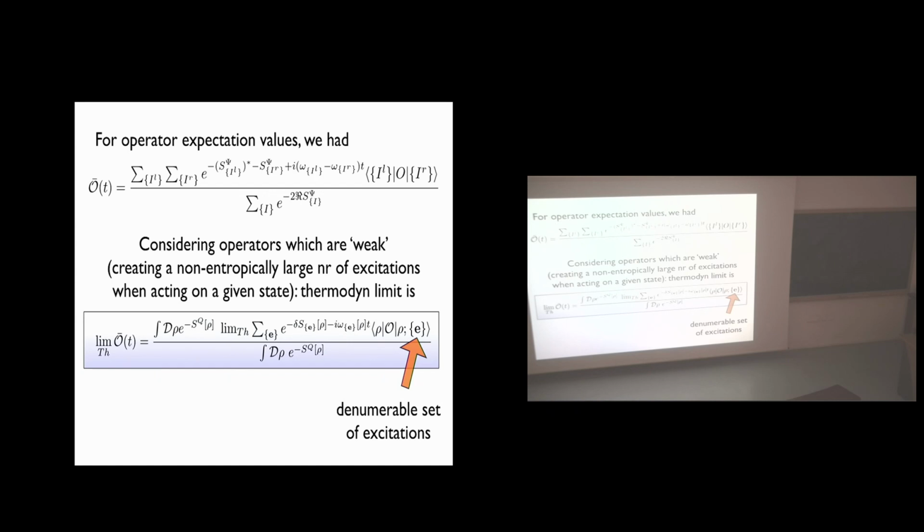It is able to create a denumerable number of excitations, but it is not able to transfer that many excitations that it changes the distribution of the particles, or of the distributions that characterize the state. Okay? So any finite body interaction here with one of the normal integrable models would have this characteristic here. So that means really that I can simplify this whole thing.